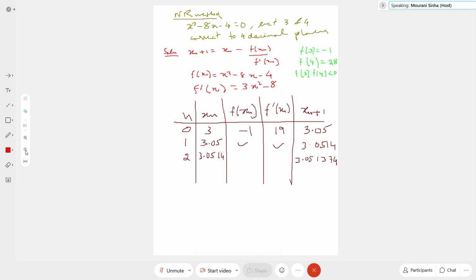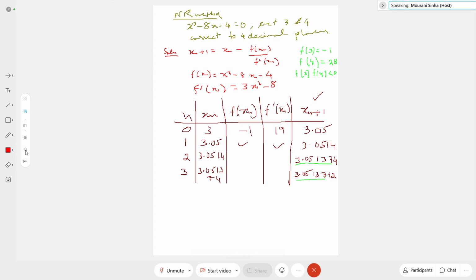This is the last iteration, 3.051374. Here you will be getting 3.051374 again. And again, like the bisection method, this is the root. Xn plus 1 is the root. So correct to 4 decimal places, what is my root? 3.0513, and 37 becomes here also 37.